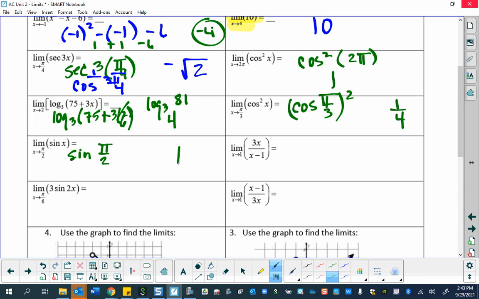Limit as x approaches pi over 6 of 3 times the sine of 2 times pi over 6. 3 times the sine of pi over 3. What's my sine? Square root of 3 over 2. 3 square root of 3 over 2.